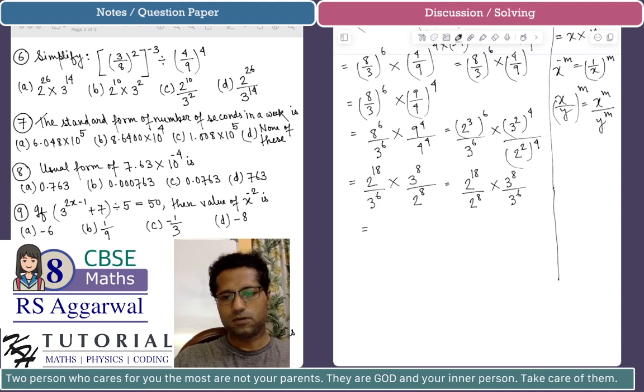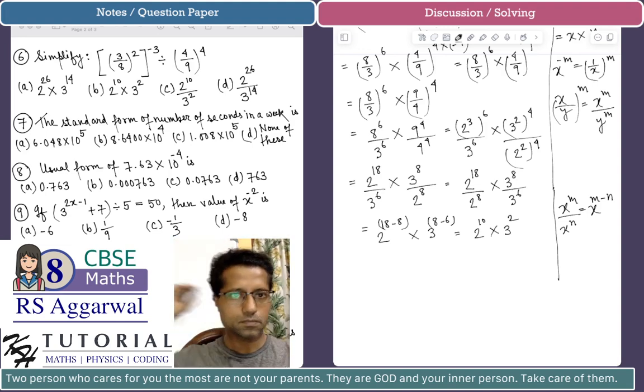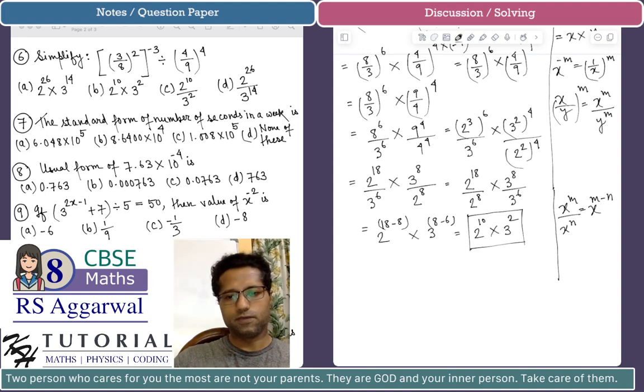So this becomes 2 to the power 18 minus 8 multiplied by 3 to the power 8 minus 6, using the formula x to the power m divided by x to the power n is equal to x to the power m minus n. So this is equal to 2 to the power 10 multiplied by 3 square. So the correct choice we can see is B.